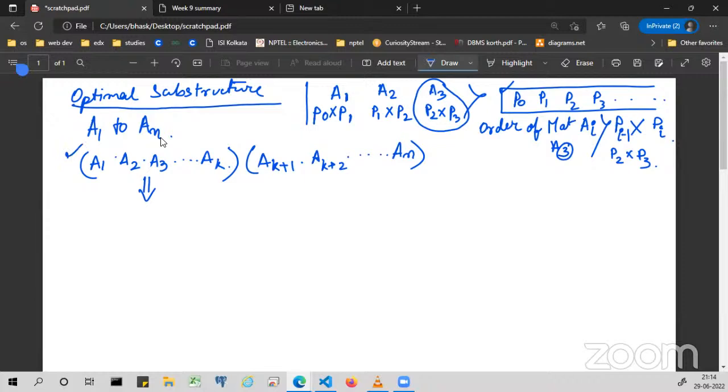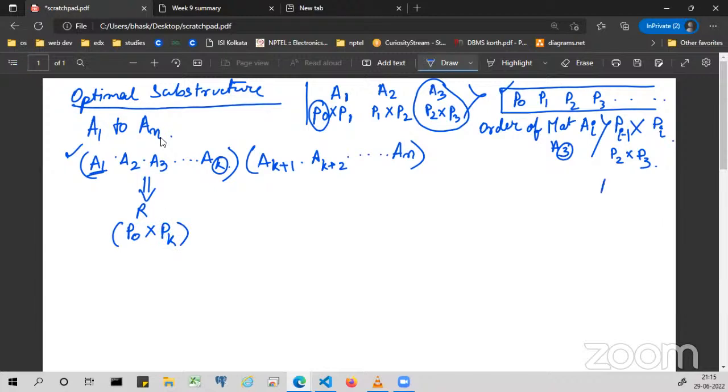Let's come back and see what will happen. What would be the dimension of this matrix? This is the first matrix, so A1's P0 would be there. The resultant matrix's dimension would be P0 cross what? The last matrix, AK, is the outer dimension.